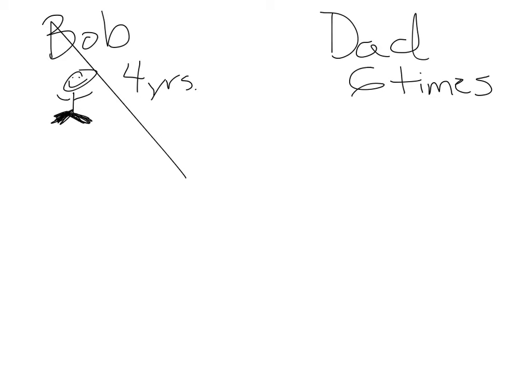Okay, look at what I do know. I know that Bob is 4 years old, and I also know that his dad is 6 times older. So if I write it out like this, I would have to take 4 Bobs if I wanted to add all of their years together.